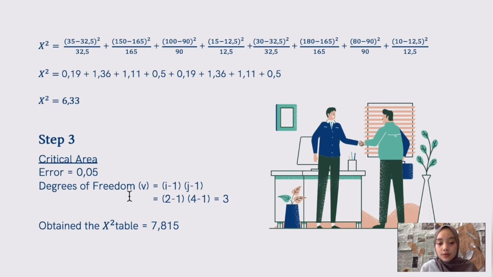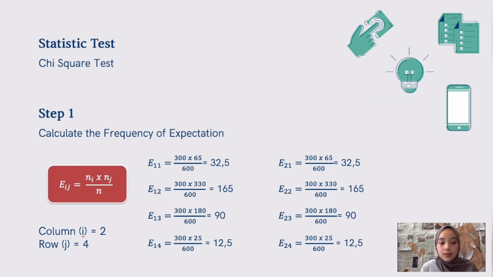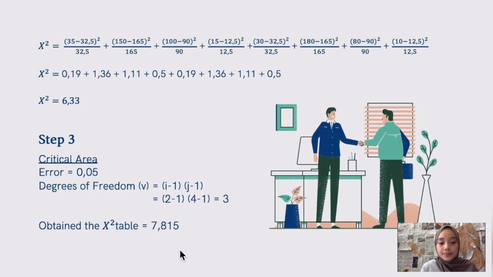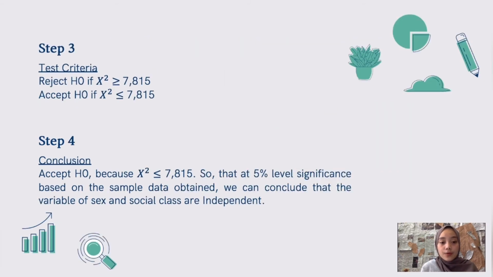And for the degrees of freedom, df, the formula is (I minus 1) times (J minus 1), where I is for the columns and J for the rows. We get the result of 3. Obtaining the chi-square from the table, we get 7.815.